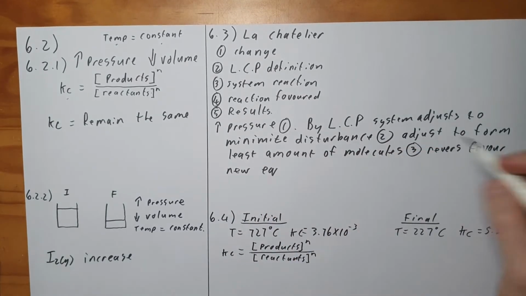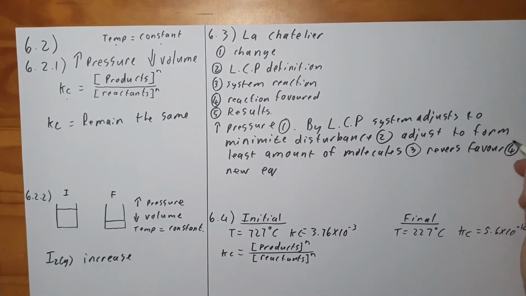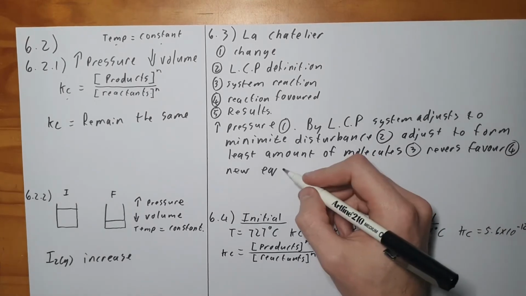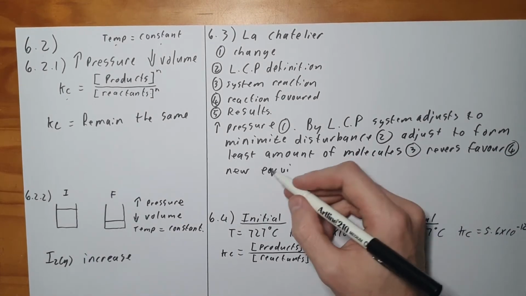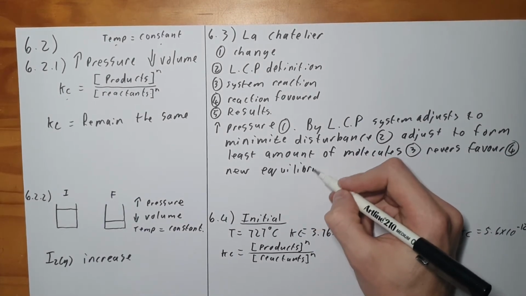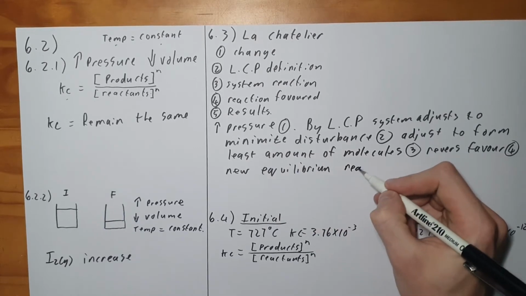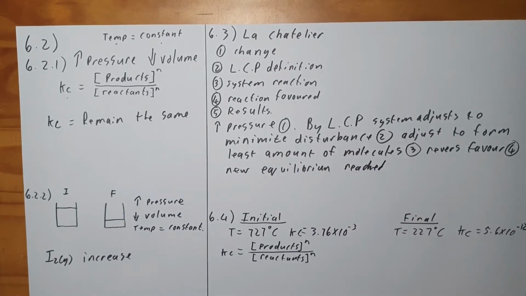That's number 4, and then new equilibrium. It is quite a bit for 2 marks, but this is the best approach you can take for answering Le Chatelier's principle.